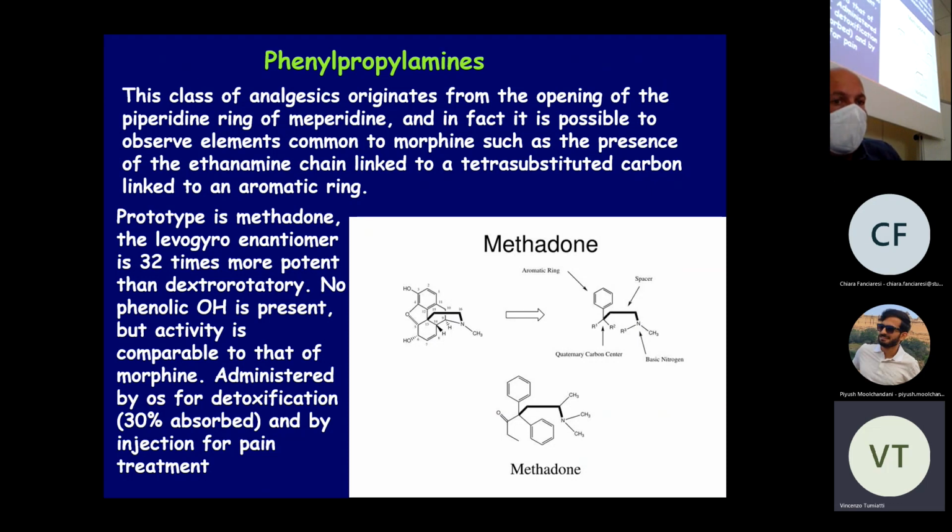The prototype of this class is methadone. Methadone was synthesized during the Second World War by German scientists when the German troops did not receive any opium or morphine from India, from Bangladesh, from those regions, because those regions were under the English troops.